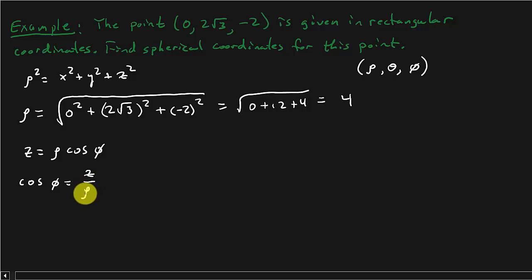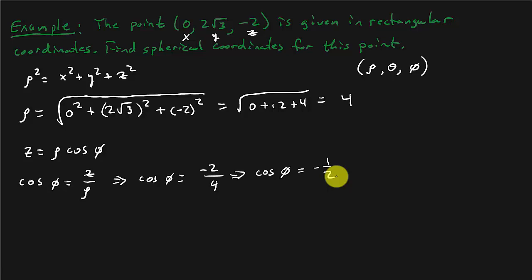So this tells us that cosine phi is equal to z, which is, remember this is x, y, z, negative 2 over rho. Well, what's rho? Rho is 4. So this means that cosine phi is negative 1/2. And remember, phi is between 0 and pi.